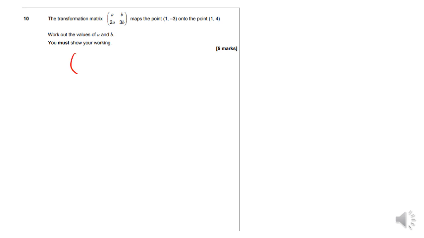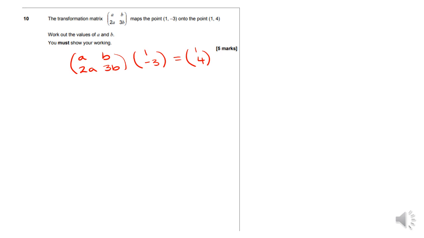So ultimately we've got A, B, 2A, 3B, and that's being multiplied by 1 and -3 to end up at 1 and 4. So we need to remember the rule of multiplying is that we multiply the rows by the columns.